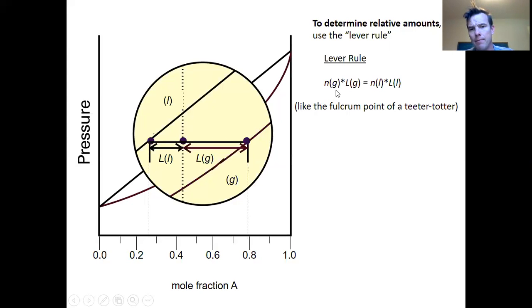And the lever rule is written here. Number of molecules in the gas phase times this length will be equal to the number of molecules in the liquid phase times this length.